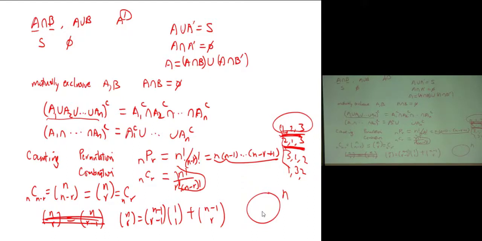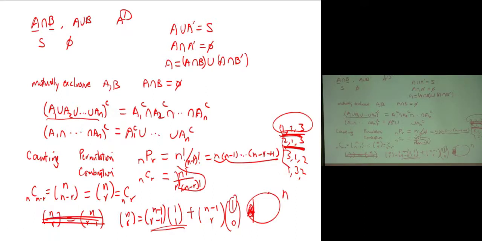So I consider a particular one, let me call it A. If this one is in the chosen set, then from the remaining I have to choose R minus 1. While this one is 1, 0. That means this particular object is not included.